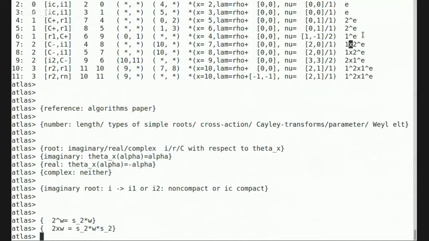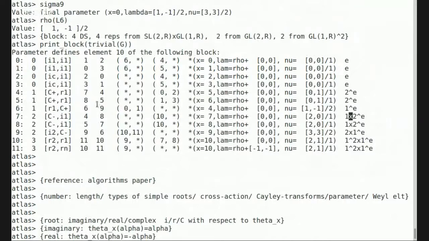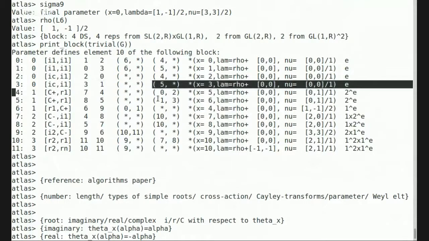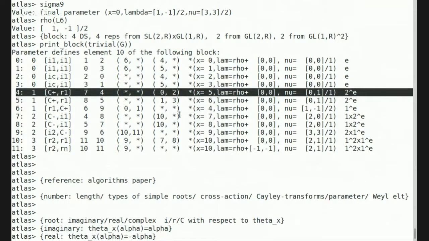This notation hat and cross corresponds to the Cayley transforms and cross actions here. So I'll just do one example of that. If you start on this parameter number 4, and you do a cross action by the first root, you get to parameter number 7.